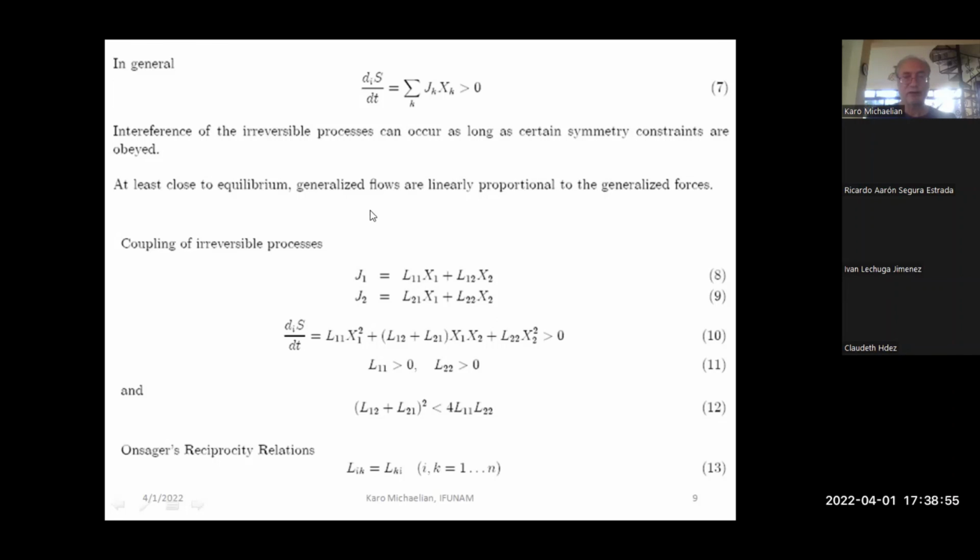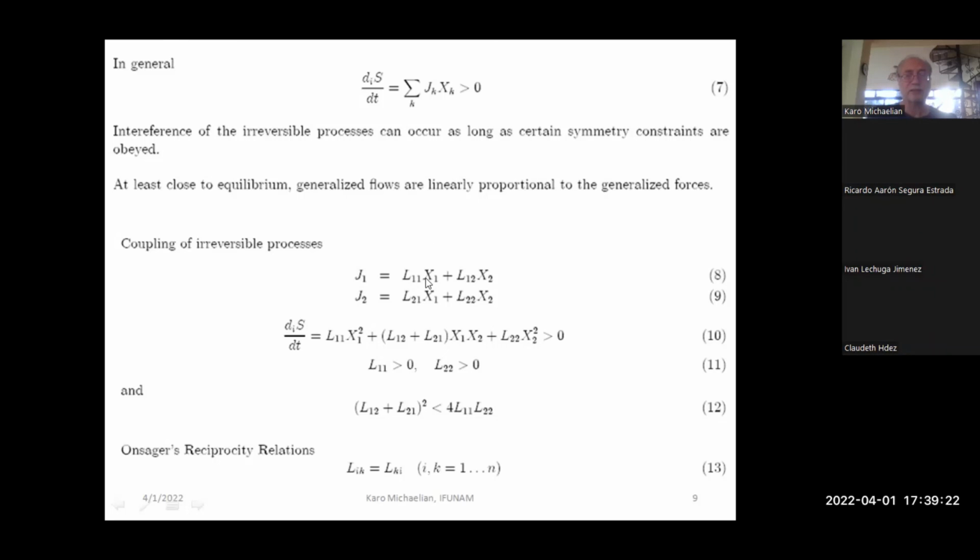So in the case that we have a coupling of two different processes, then the flow of, let's say, one irreversible process, whether it's the flow of heat or the flow of matter or the chemical reaction rate, is related in a linear manner to the forces of the other processes which are occurring within the system.